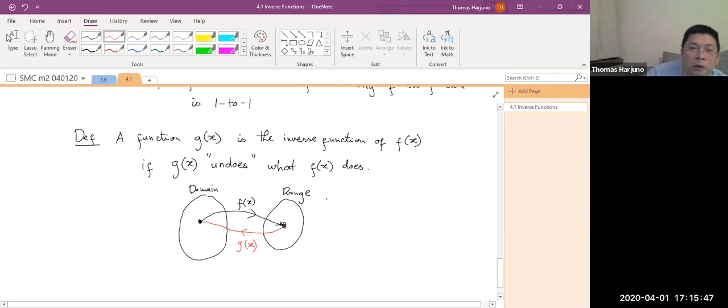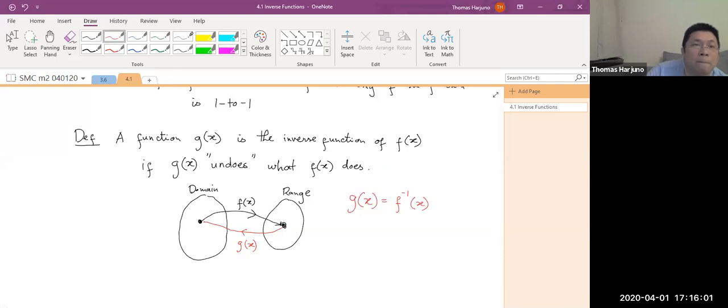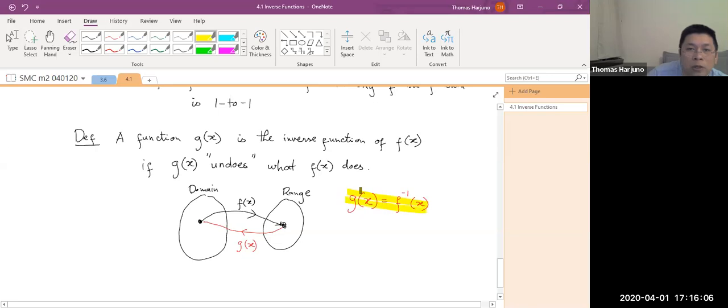Now, if g is the inverse of f(x), the notation is g(x) equals f inverse of x. With a note, in fact a big note, that f inverse of x is not the same as 1 over f(x).